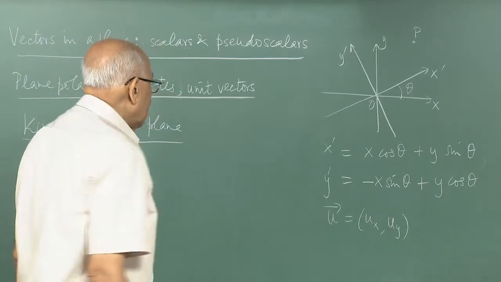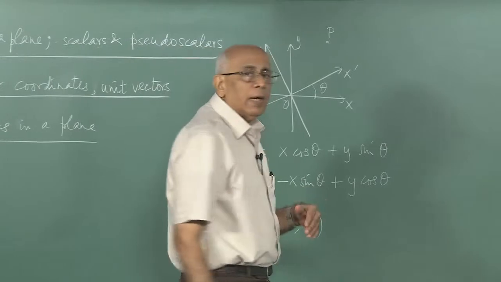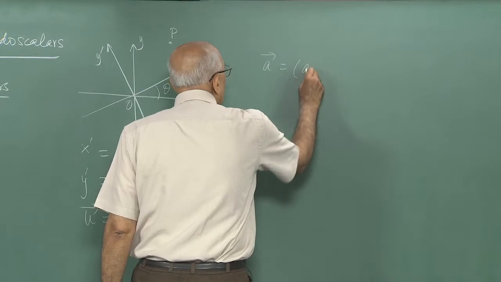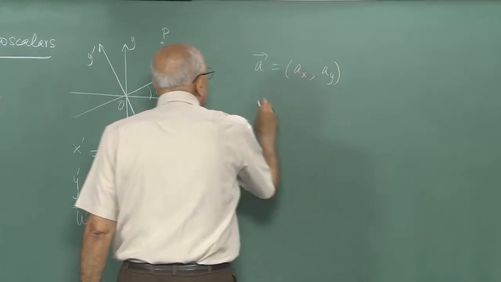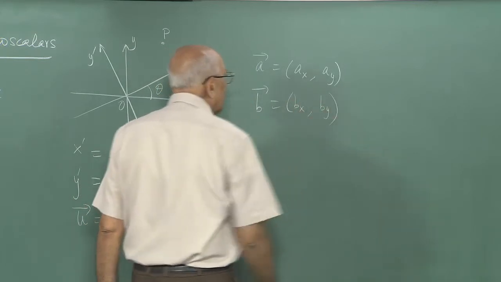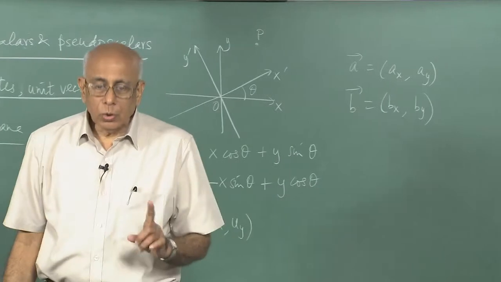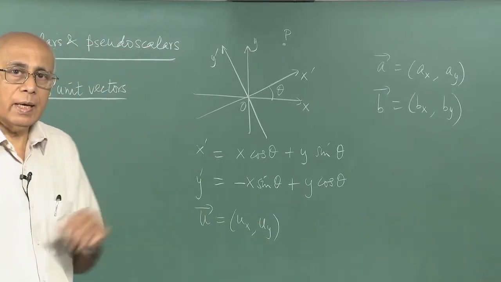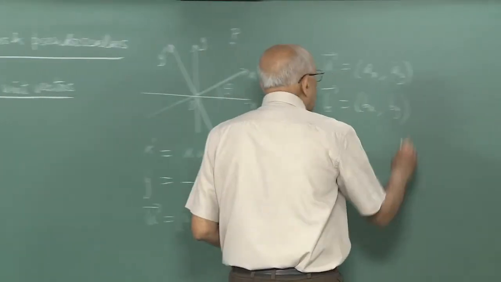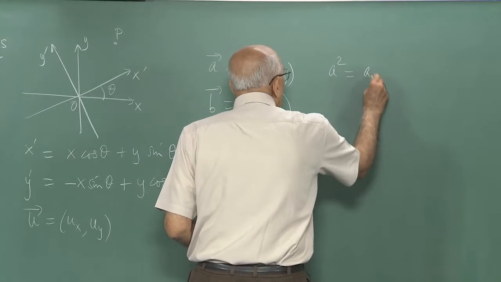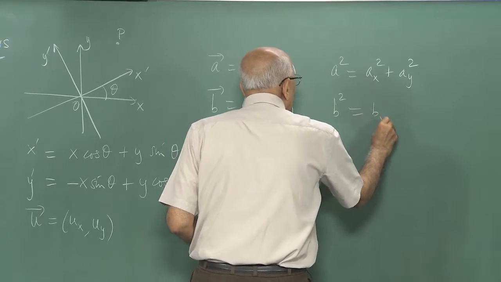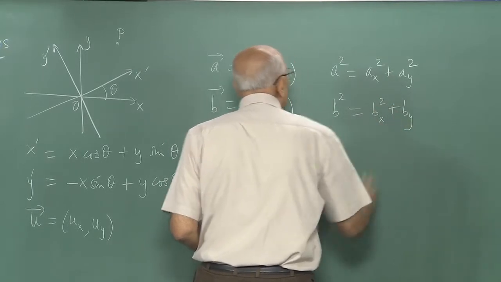Now once we defined a vector in this fashion, we introduced the idea of a dot product. So if you have a vector A which has got components ax and ay, and another vector B which has got components bx and by, then from these two vectors A and B, you can actually form three different scalars. One of them is A squared, which is ax squared plus ay squared, and similarly B squared, bx squared plus by squared.